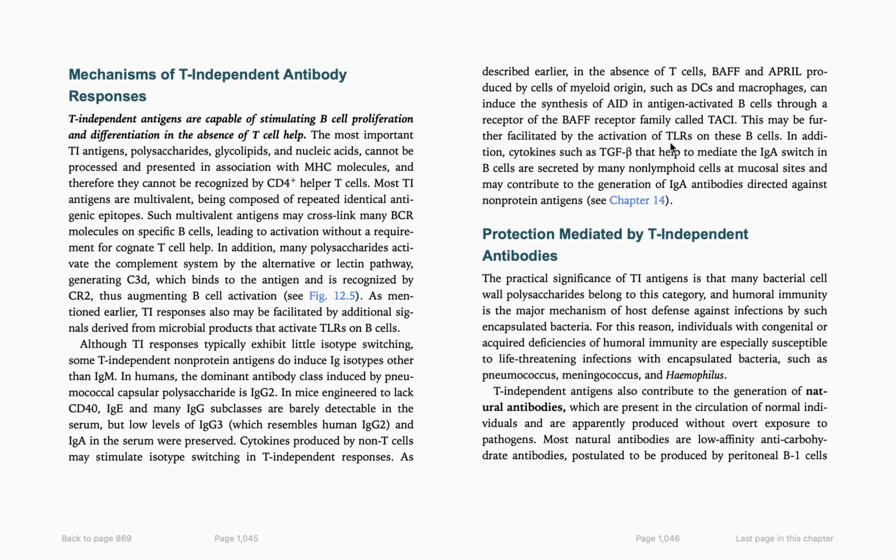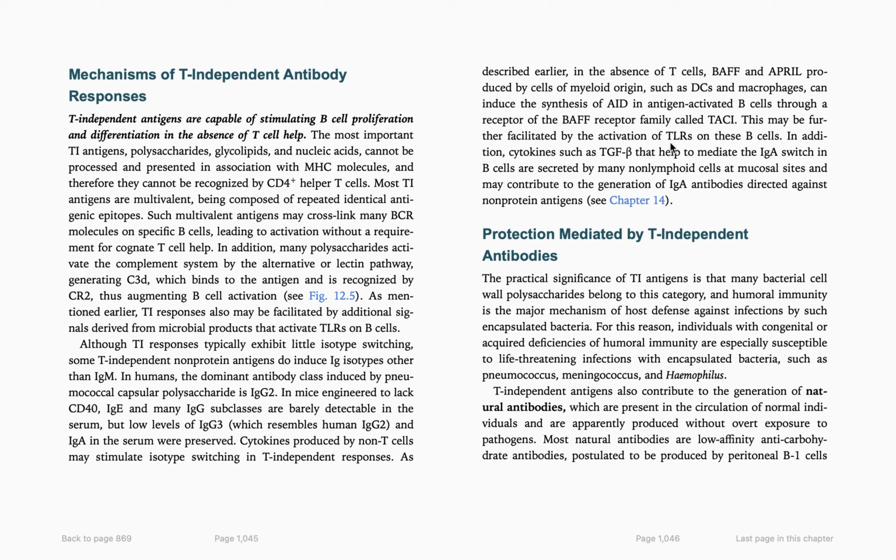In addition, cytokines such as transforming growth factor beta, which help to mediate the IgA switch in B cells, are secreted by many non-lymphoid cells at mucosal sites and may contribute to the generation of IgA antibody against non-protein antigens.